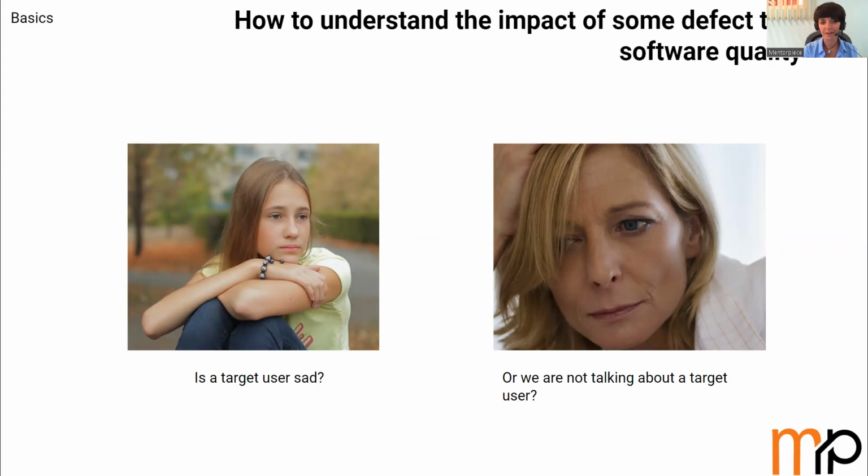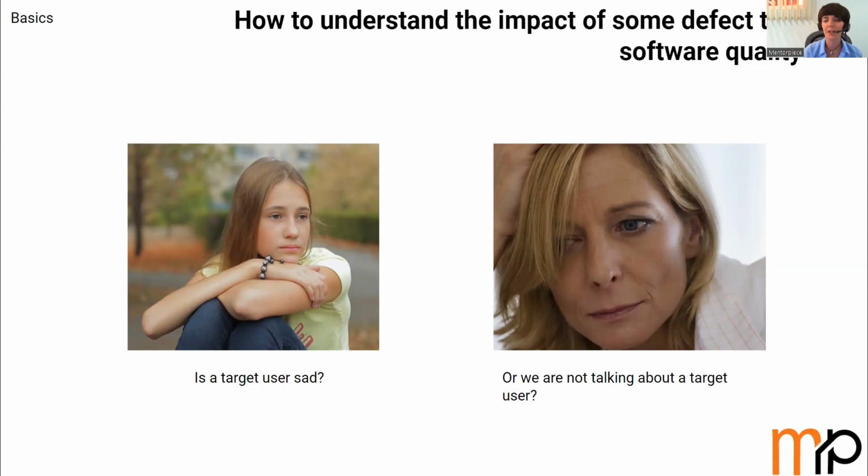If our target user is a teenage girl, we will be thinking in what cases she will be sad. If her mom is sad, it is okay for us because we are doing our software for this teenage girl.